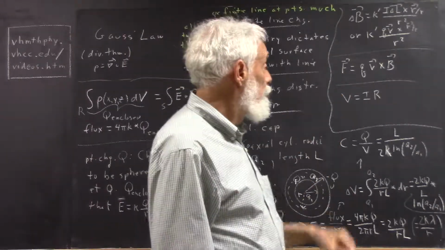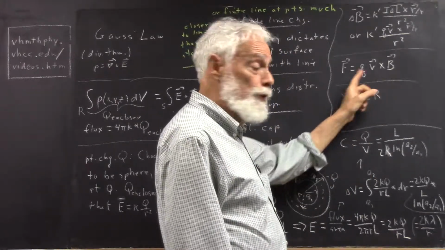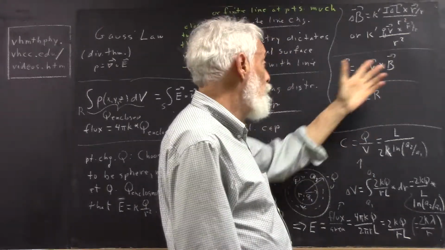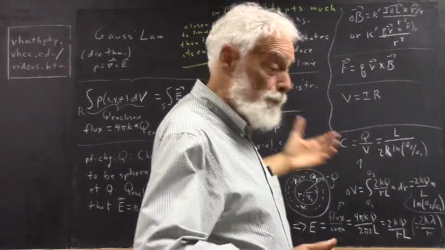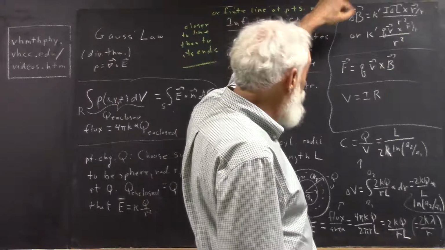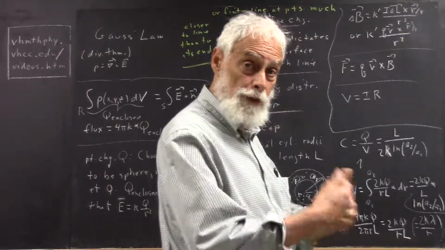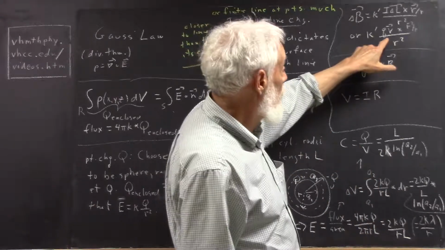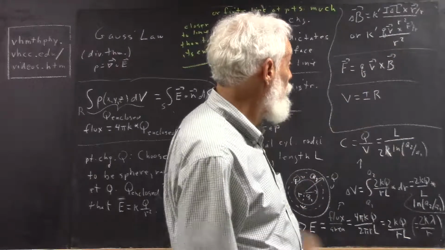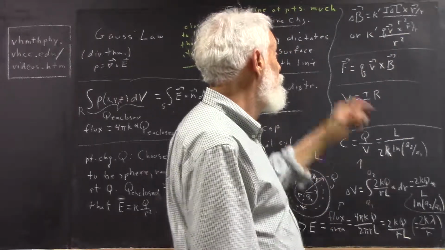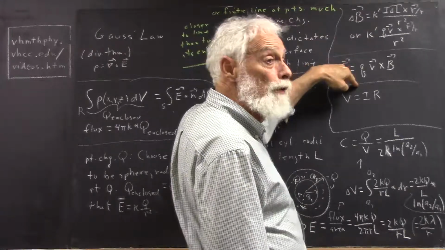The force on a moving charge is QV cross B, the force on a moving charge due to a magnetic field. So magnetic fields come from moving charges, either as currents in conductors or as isolated moving charges in space, and magnetic fields act on moving charges.